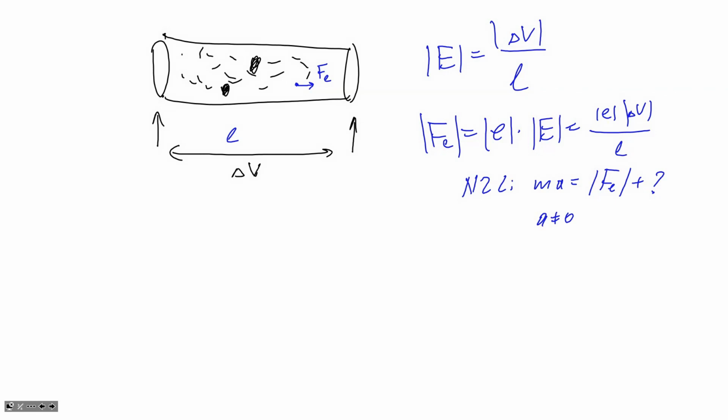Electrons actually travel very slowly, about 1 millimeter per second. So on average, they travel with a constant speed, which means acceleration must be equal to zero, which means there has to be a force opposing the Coulomb's force. And that is because electrons bounce back off the atoms.